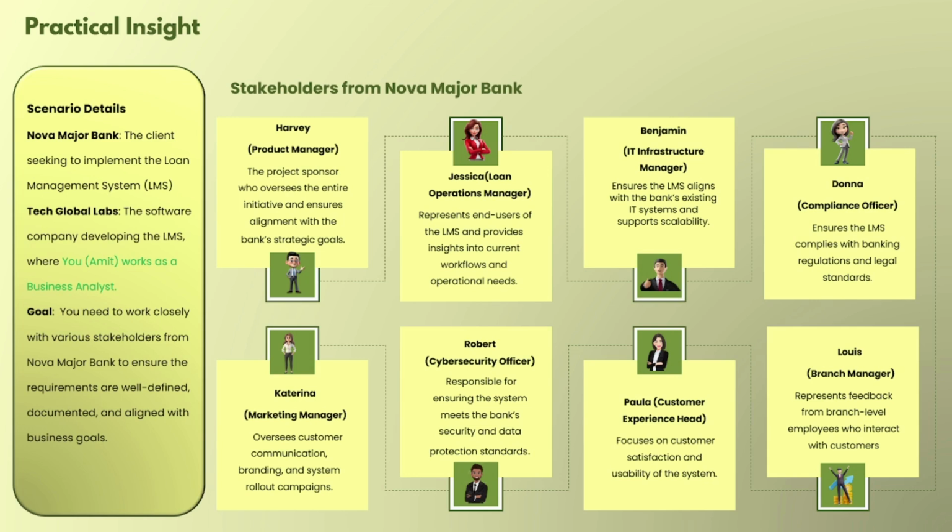And the next is the customer experience head. Well, the customer experience head falls under the consulted category. Again, these are in the consulted category. We will require them during requirement gathering because they provide important feedback on how the loan management system affects customer interaction and satisfaction. Then the cyber security officer. These are people who are informed about security concerns, meaning they are not directly involved but we need to inform them.